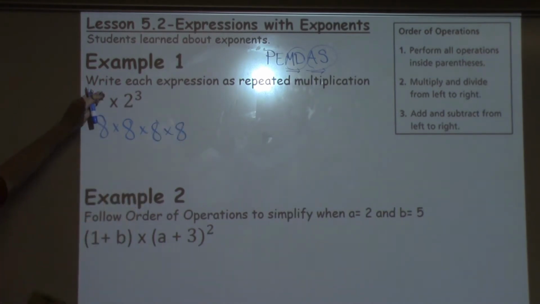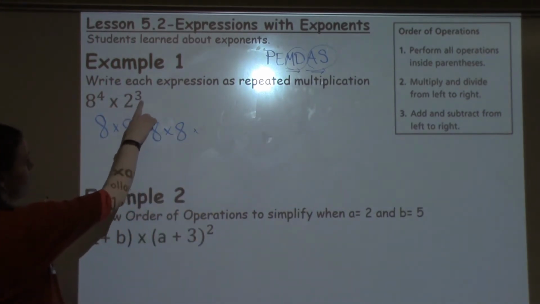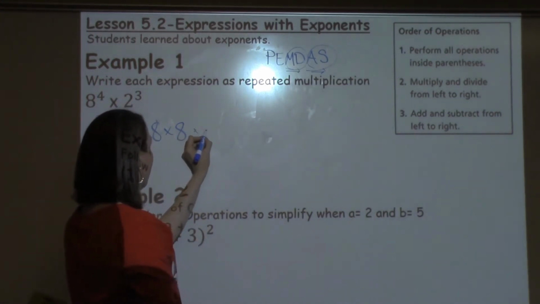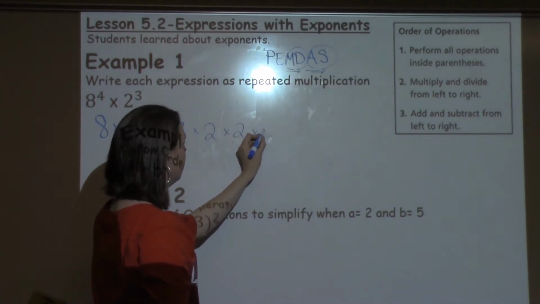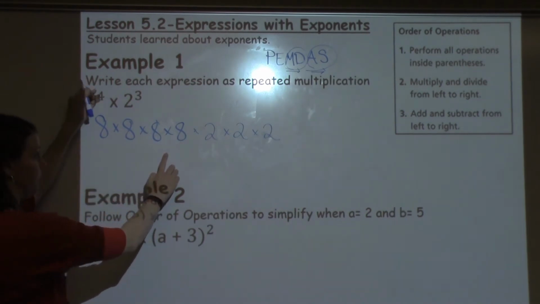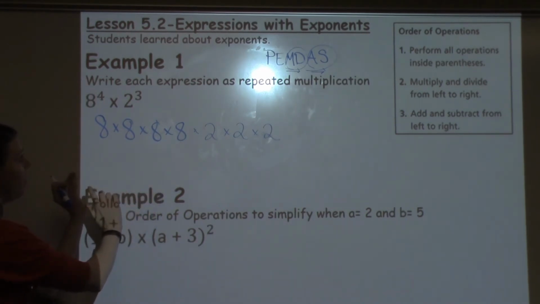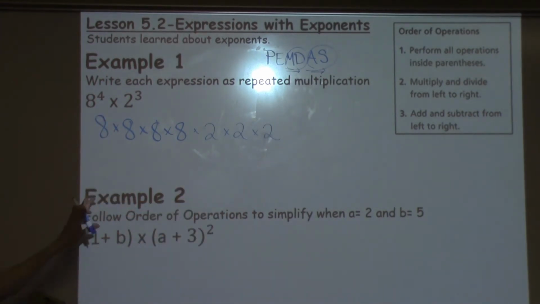So that's my 8 to the 4th power times my 2 to the 3rd power. So I'm going to write times 2 times 2 times 2. So when I look at this, I should have 4 8s, which I do, and I should have 3 2s, which I do.